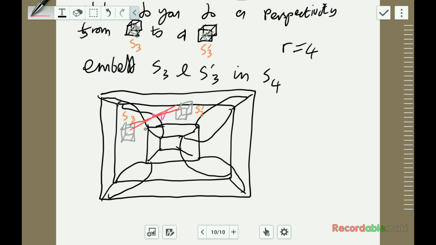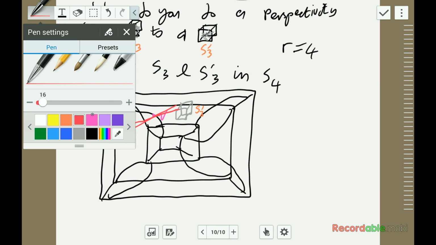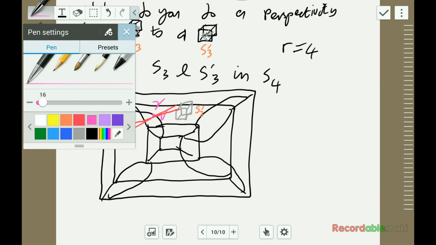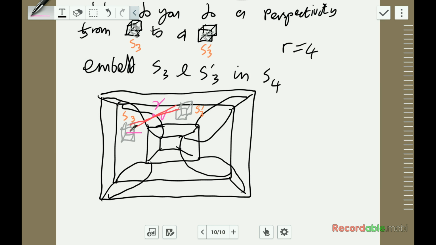And remember, these aren't really cubes. These are 3D subspaces. They're big. Not as big as a hypercube, but they're unbounded. And so we can do this kind of bijection.